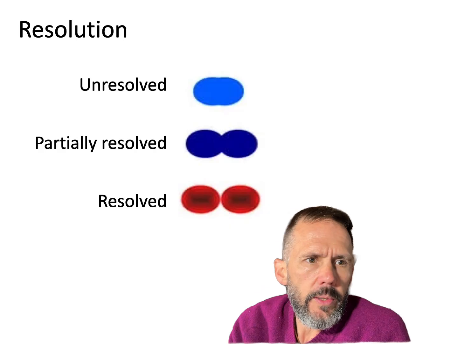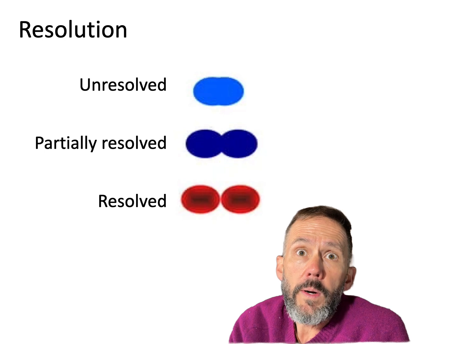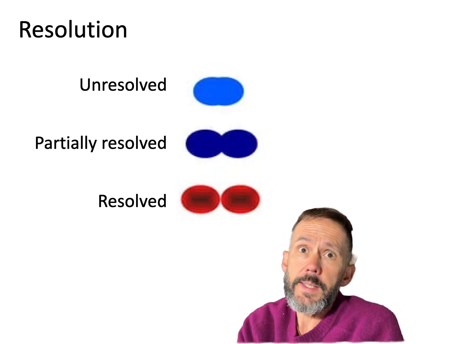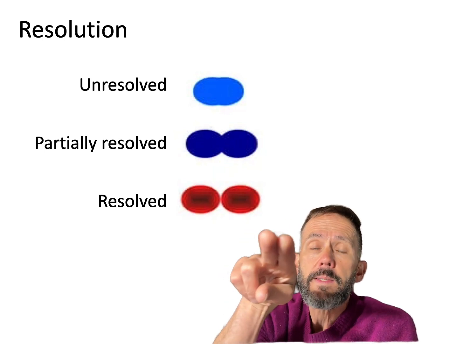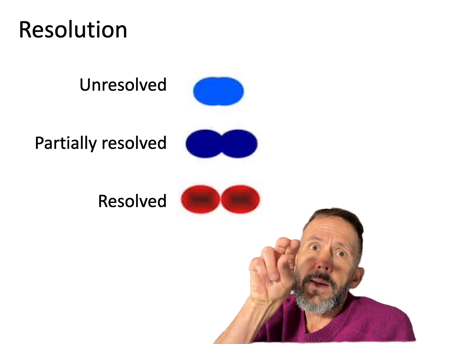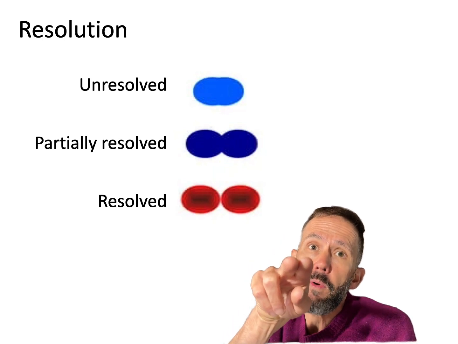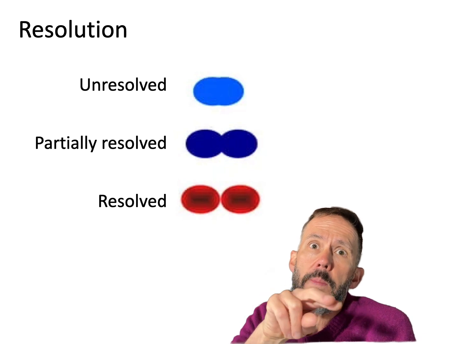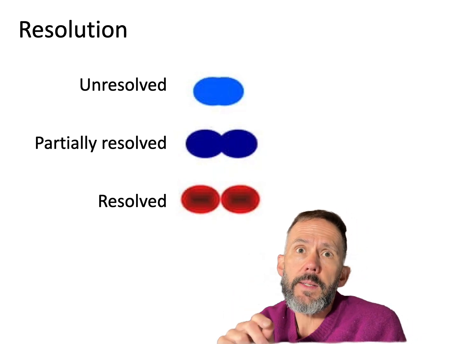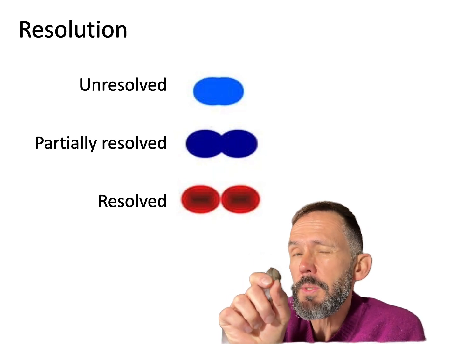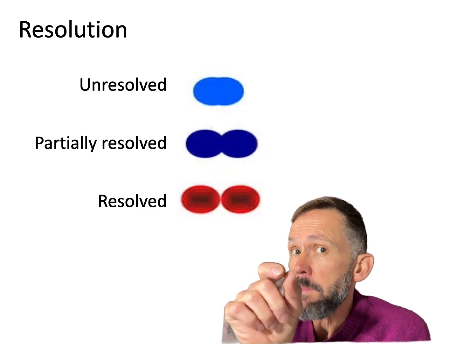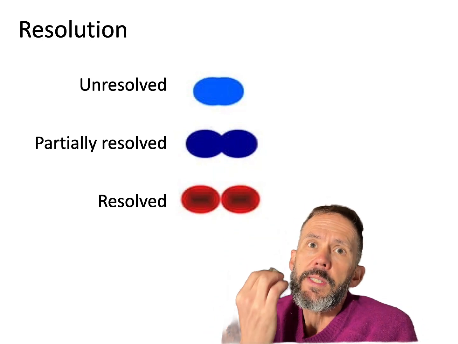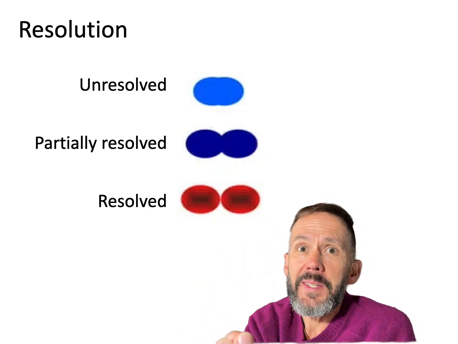So what is resolution? Let's think about that a little more. Resolution is the idea that you can have 2 points, and to the extent that you can differentiate between these 2 points, or resolve them, that's resolution. So how close can 2 points be where you can still see that they are 2 points?